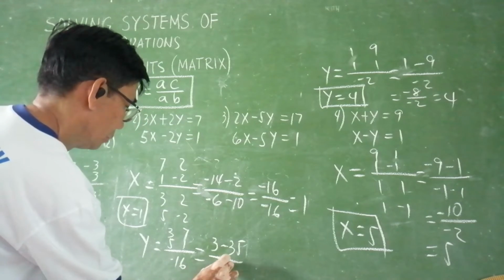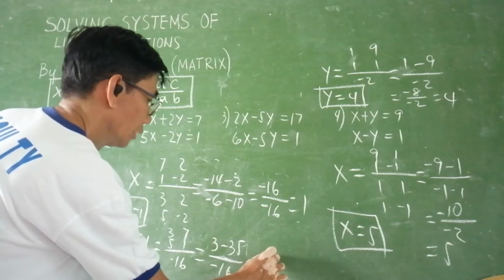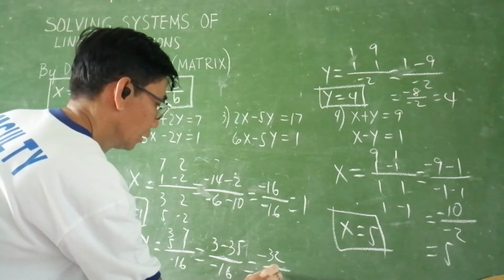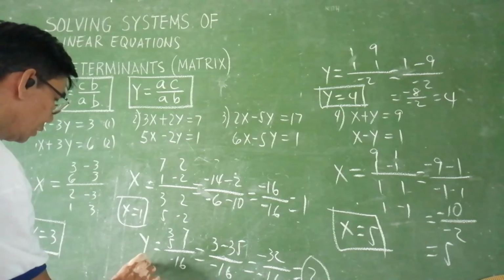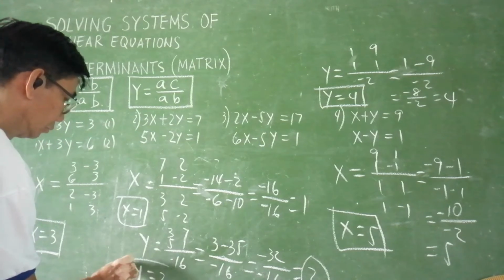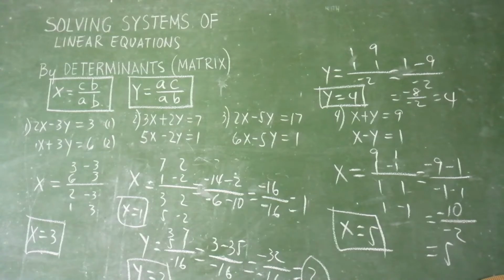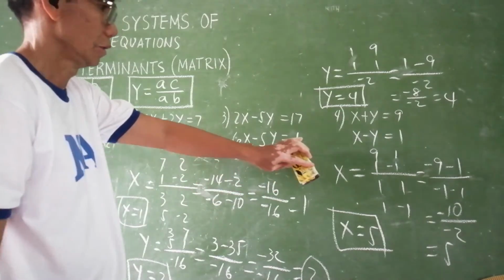Over negative 16. So negative 32 over negative 16 is simply 2. So y equals 2. So that's the way how to do determinants. Okay, last.